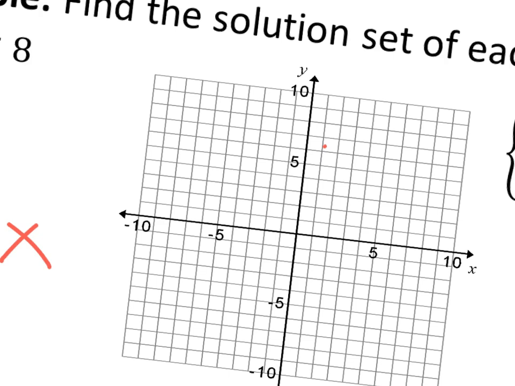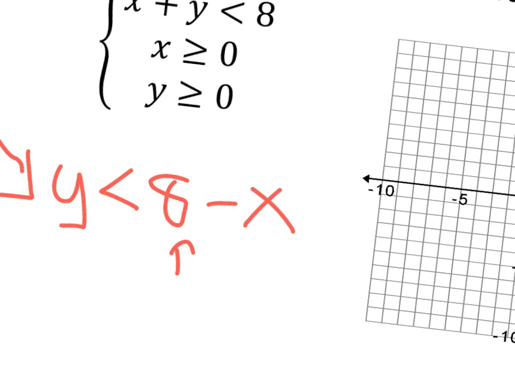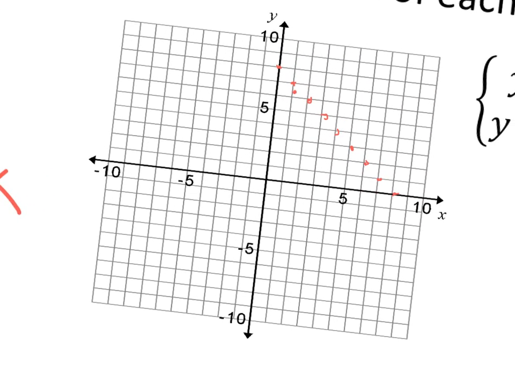Okay, so we said 0, 8. Slope is down 1 and right 1. Now, if we look at our inequality, it is just a less than. So if it's just less than, we will use a dashed graph.